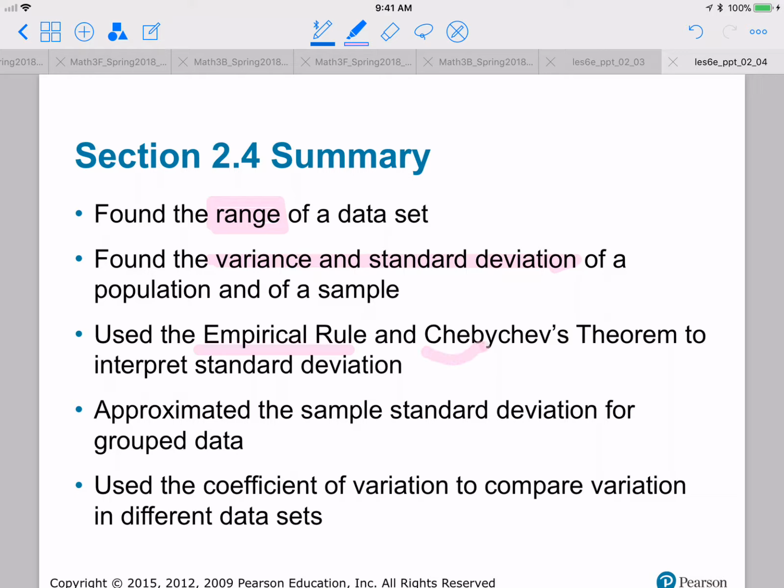And we looked at Chebyshev's theorem, which applies for any distribution. Chebyshev's theorem is not going to be as exact, but you can use it with more distributions. Then we looked at approximating the sample standard deviation for grouped data. Use your calculator. And lastly, we looked at the coefficient of variation and how to use that to compare variation in different data sets.